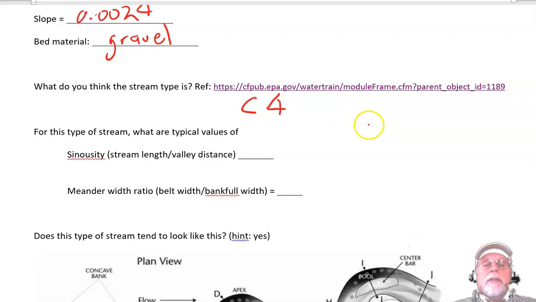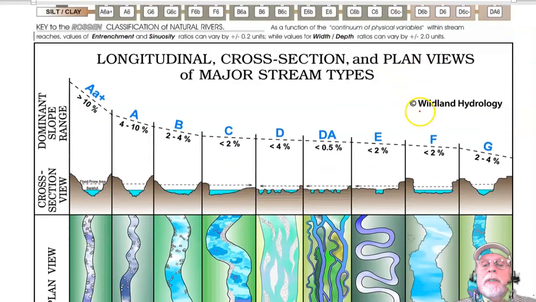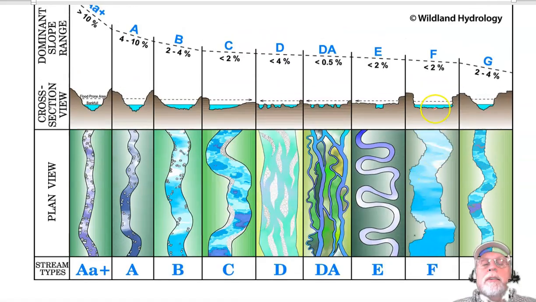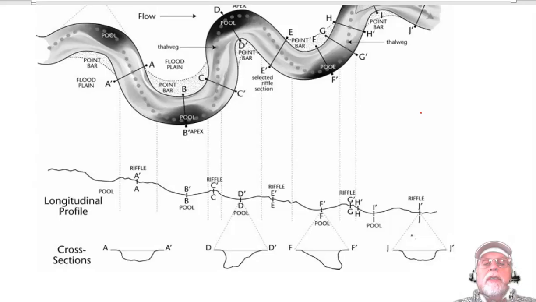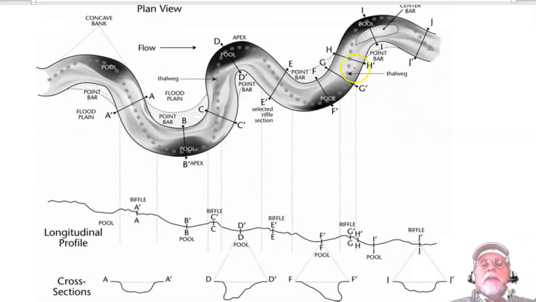And then go back down here to our handout. So C again has some meandering, a riffle pool geometry, and I found this graph. So does this stream tend to look like this? Hint, yes. Okay, so this is a C type stream. And I think probably Yellow Breeches is also a C type.